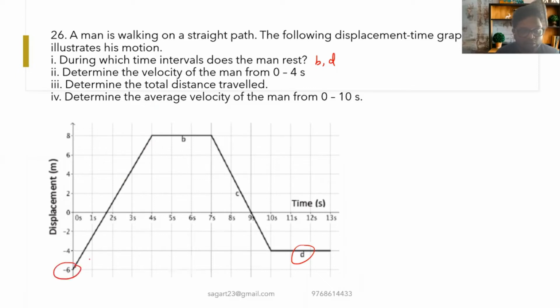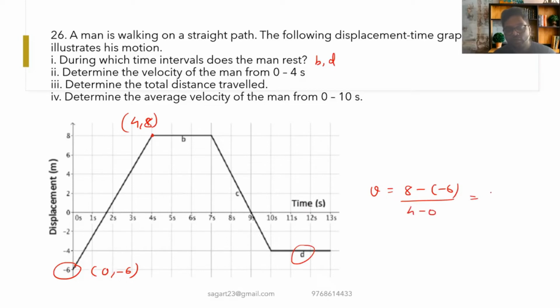For me, I'll take this one, which is 0 comma negative 6, and I'll take this one, which is 4 comma 8. So the velocity will be 8 minus minus 6 upon 4 minus 0. So this will be 14 upon 4, that will be 3.5 meter per second.